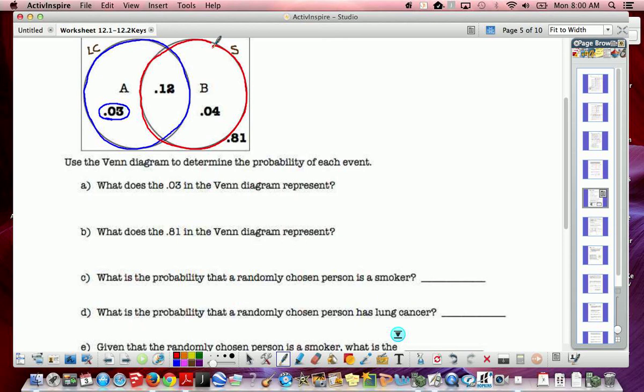So it only represents the people who have lung cancer and lung cancer only. So you can look at it as 3% of the people surveyed have lung cancer, but do not smoke.